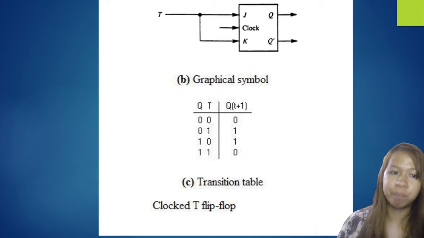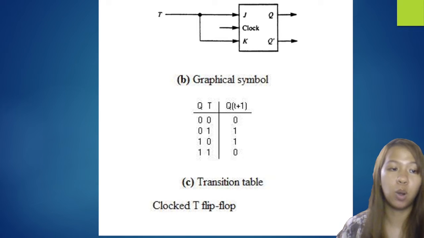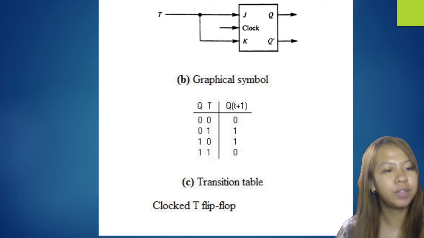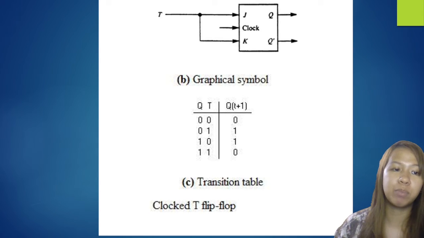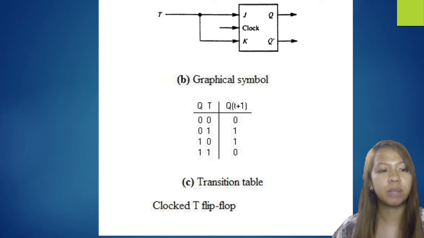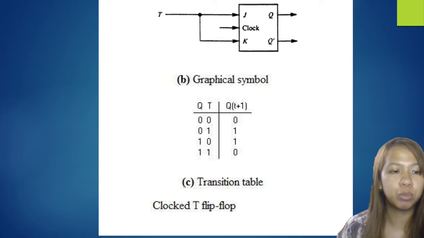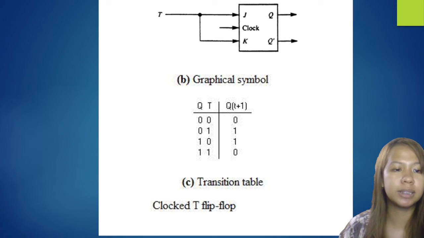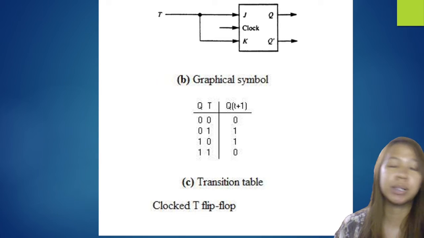When the T input is low, the state of the T flip-flop is the same as the present state. If T is 0 and the present state is 0, then the next state is 0. If T is 0 and the present state is 1, then the next state is 1. When T is high, during the positive transition of the clock signal, the next state of the T flip-flop is the complement of the present state, right?